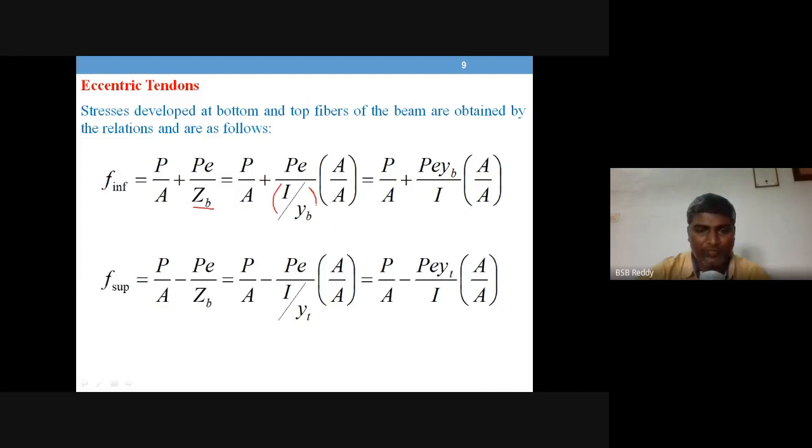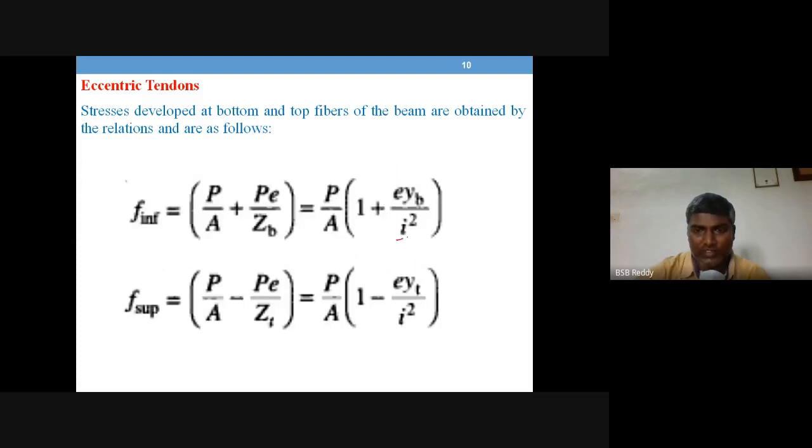To get the final form of it, we have replaced Z with I by Y, and multiplied and divided by capital A, so that we have the radius of gyration taken into picture, which is a property of the cross section. Square root of I by A gives r, so r squared is I divided by A. Both these are sectional properties; moment of inertia depends on cross-sectional area.